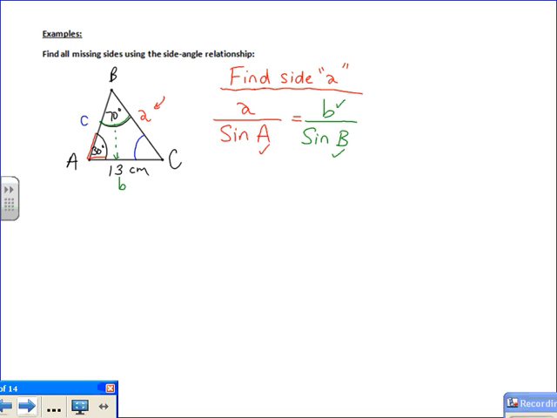The only thing I'm missing here is side length A, so I'm going to use the complete ratio that I have, as well as the angle A, so that I can solve for my side length A.